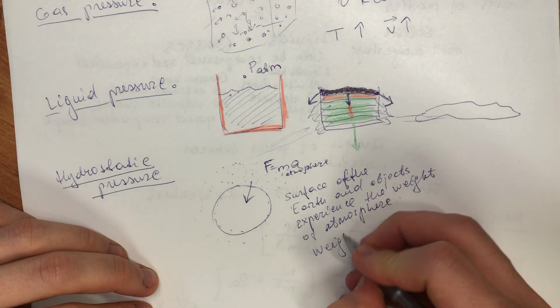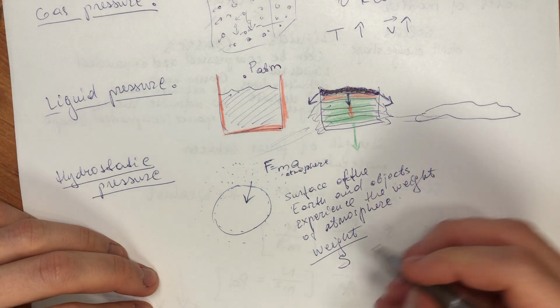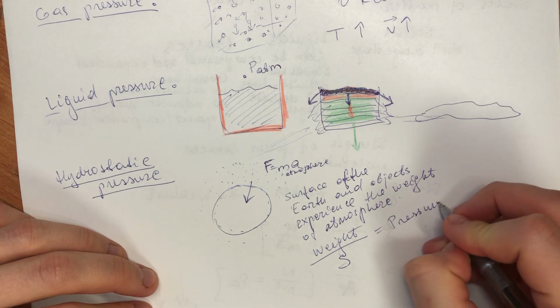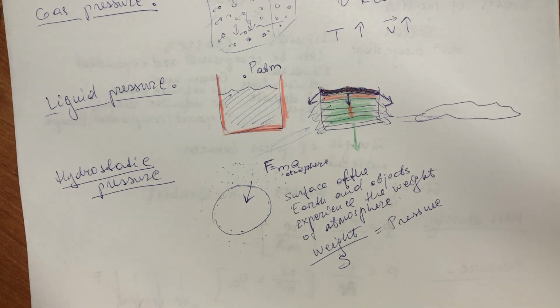This weight divided by surface area would be pressure, atmospheric pressure.